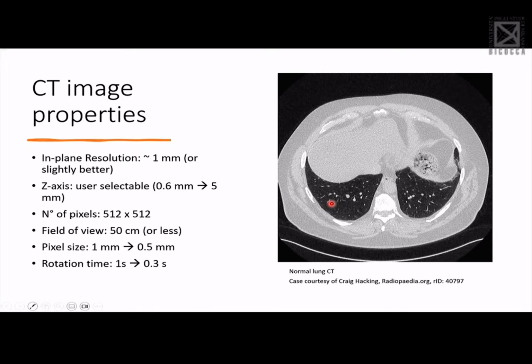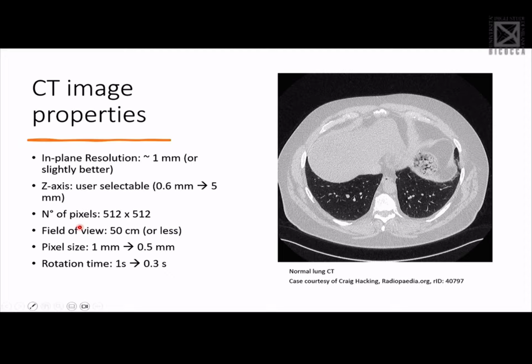And to suppress noise, you need to give more X-rays to the patients, which are bad. The thickness, instead, of this slice, which goes along the third direction, the head to feet direction, is actually user selectable. It can be as low as 0.6 millimeters, but if you do not need all that resolution, to save radiation dose, you can select a 5 millimeter slice thickness.